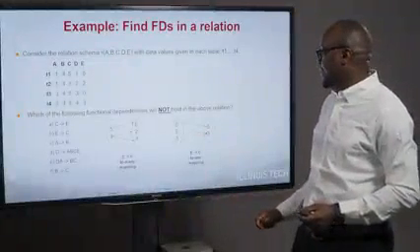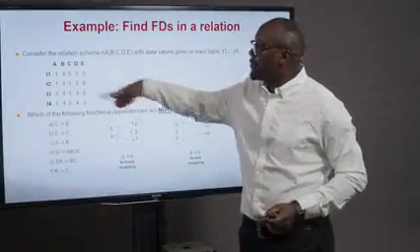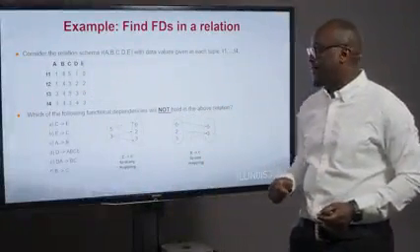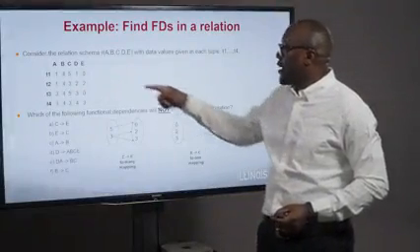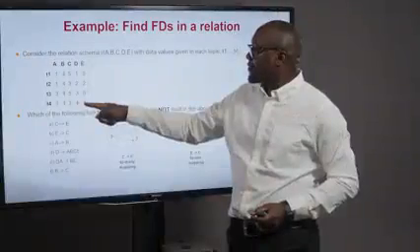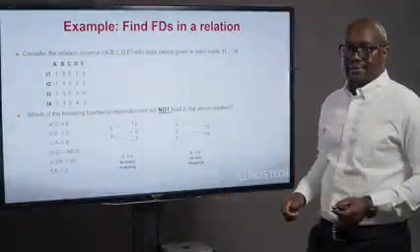Let's see where they agree. 0 is agreeing to 5. That's correct. Let's look at 2. 2 agrees to 3. And 3 agrees to 3. Let's look at the mapping.